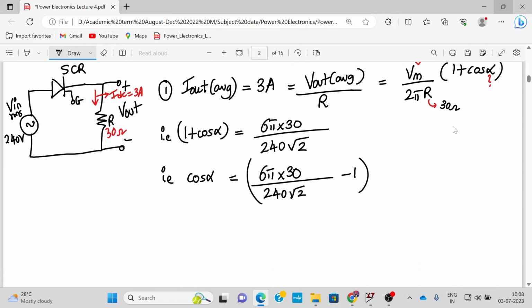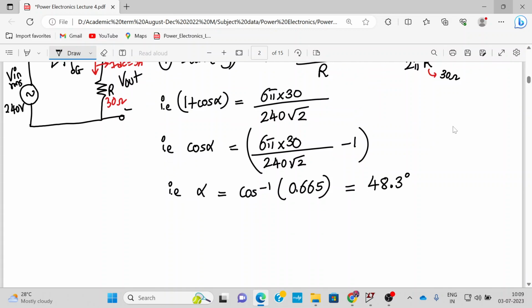All right. So from here we can calculate this. That is, alpha will be equal to cos inverse of 0.665. So if you do cos inverse of 0.665, you will get angle as 48.3 degrees. So this is the value of alpha, which is the firing angle.